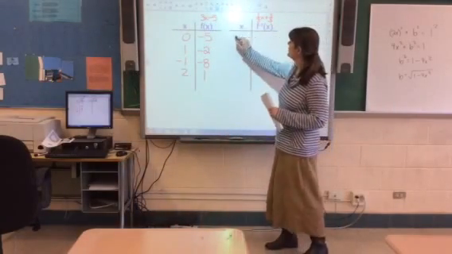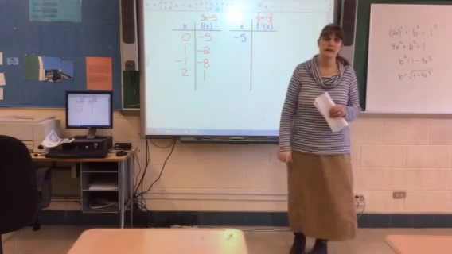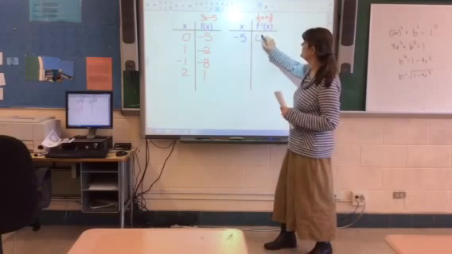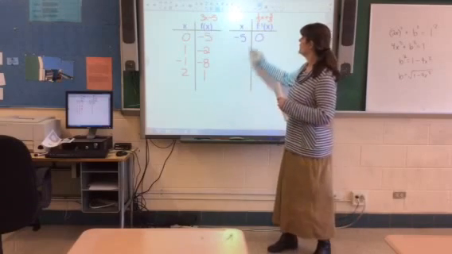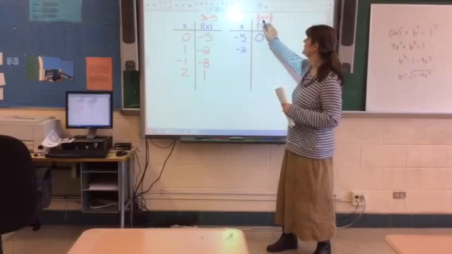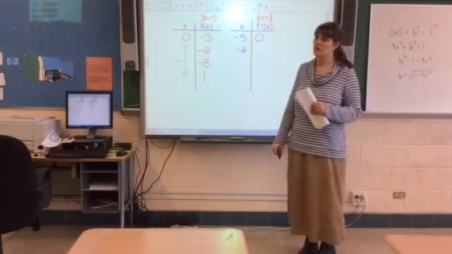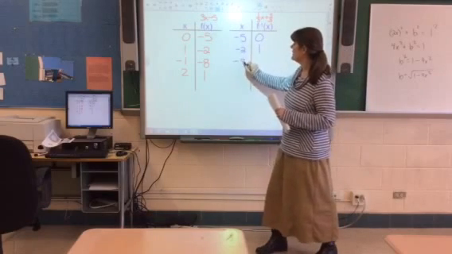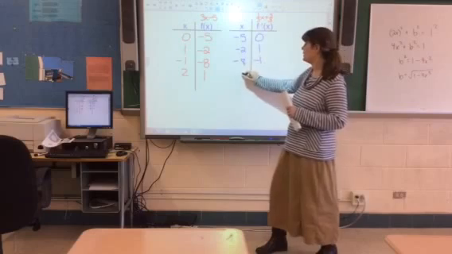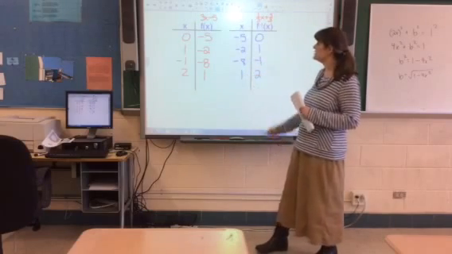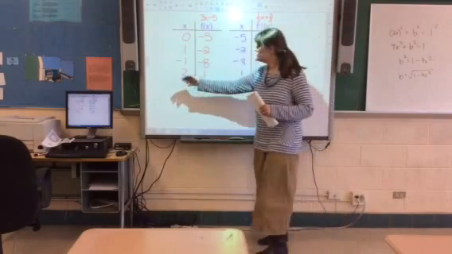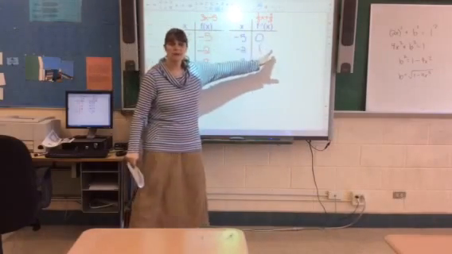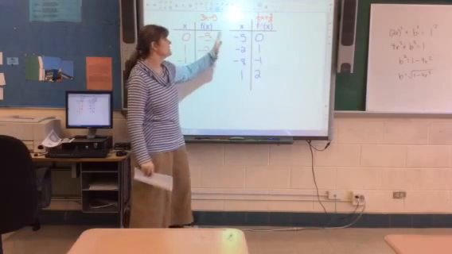What happens if I plug -5 into my inverse? Well, then I'll have -5/3 plus 5/3, and I get 0. What happens if I plug -2 in? I get -2/3 plus 5/3, which is 3/3, which is 1. If I plug in -8, you see the pattern? I should get out -1. Plug in 1, I should get out 2. And we notice that what was the domain here became the range over there, and what was the range here became the domain.